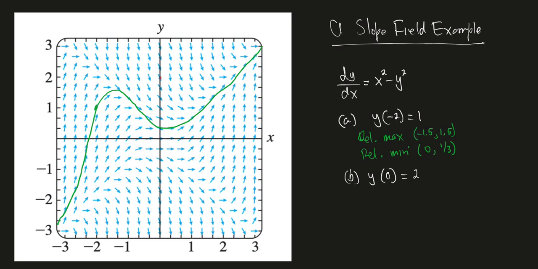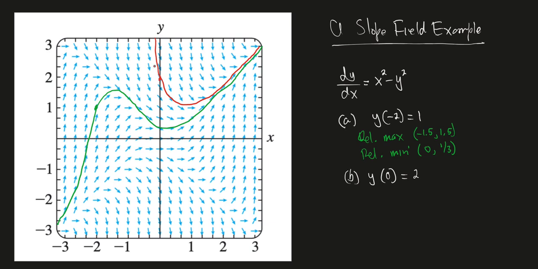So probably this point. So going back upwards, it's probably there. And then it comes down, and then it follows the green. So that would be a solution that passes through this point.